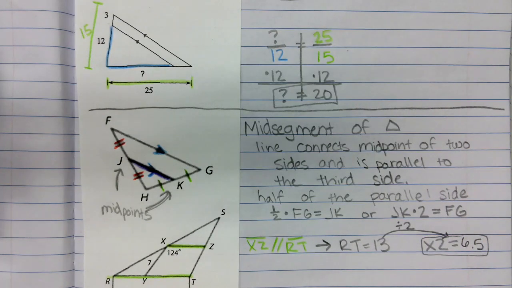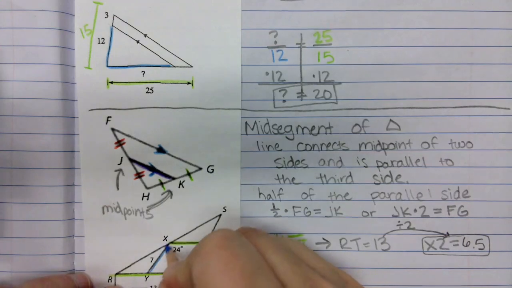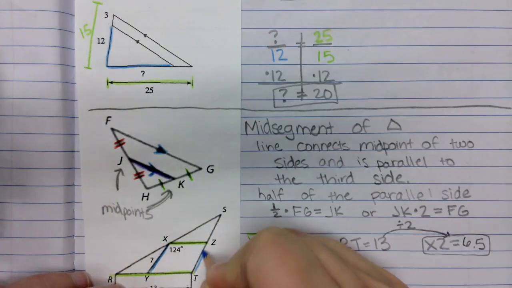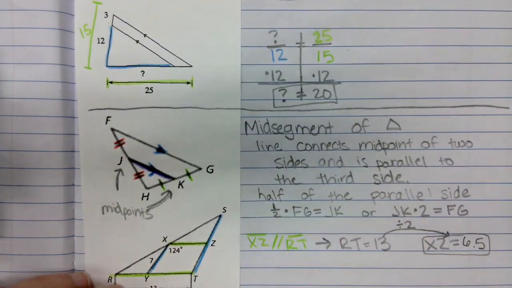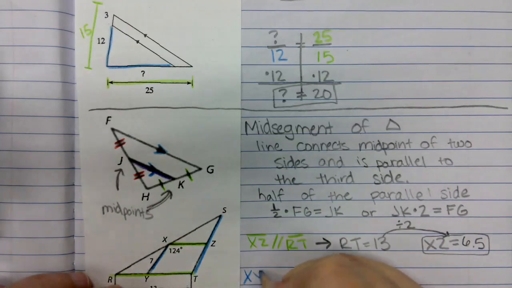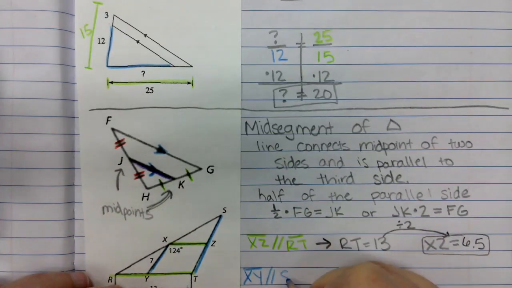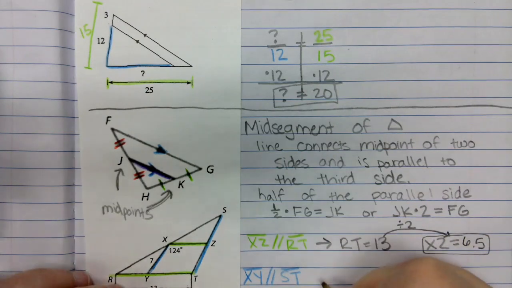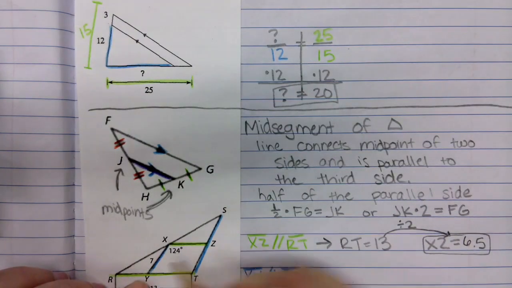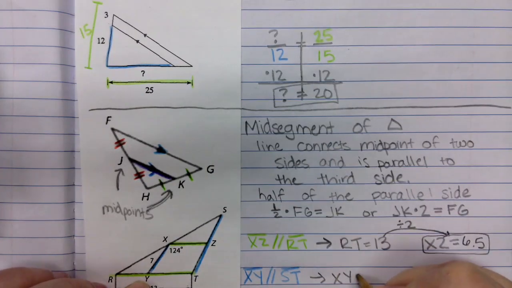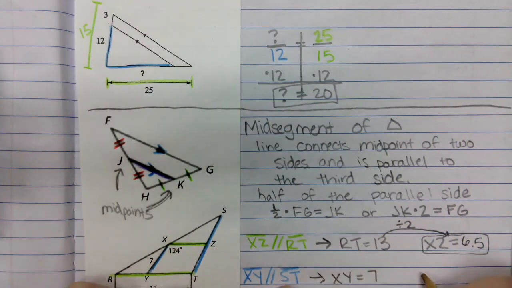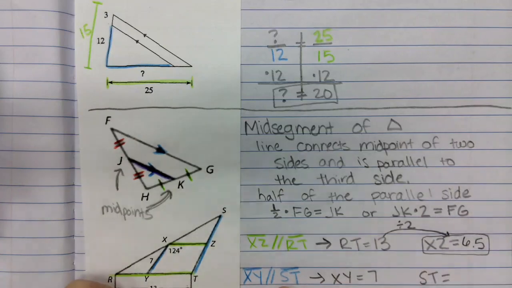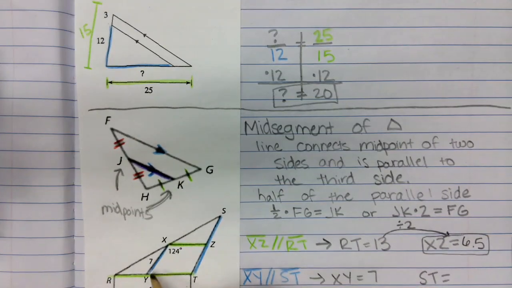Alright, one more we're going to do is this XY and ST. Those ones are parallel. Okay, and what we know is we know that XY is 7. So I should be able to then find ST. And XY is that mid-segment, so that's that middle part.